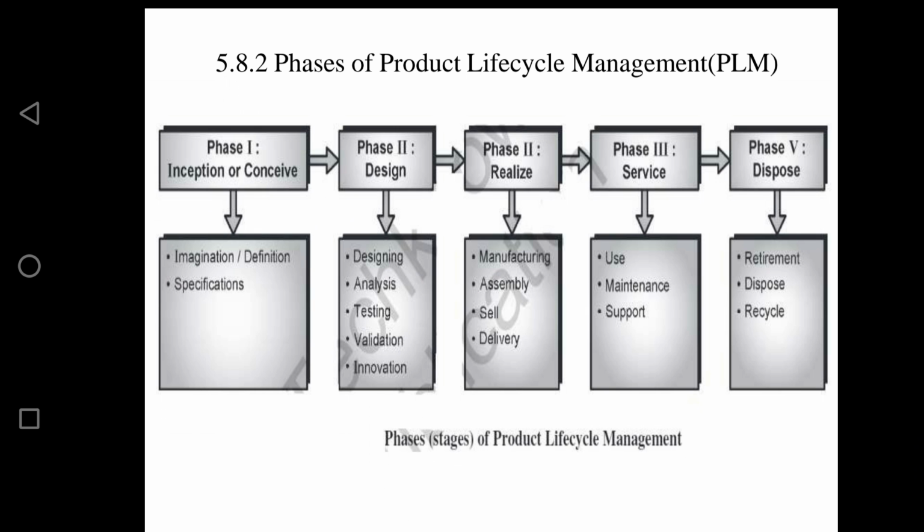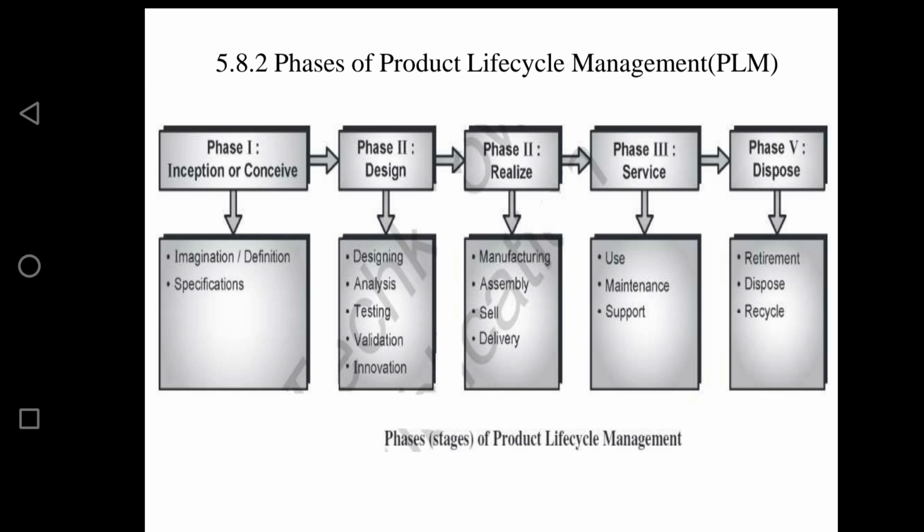The final phase is disposal. This is the last phase of the product life cycle. It involves advising the customer about the retirement of the product and its replacement, and the disposal and recycling of the product without causing any damage to the environment.